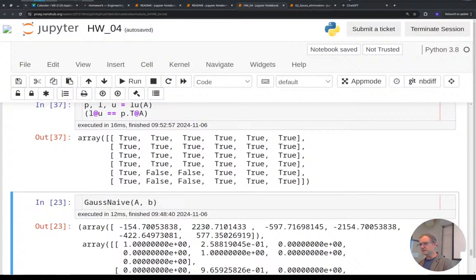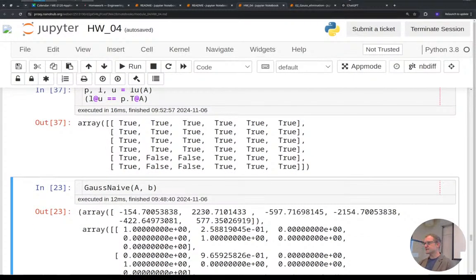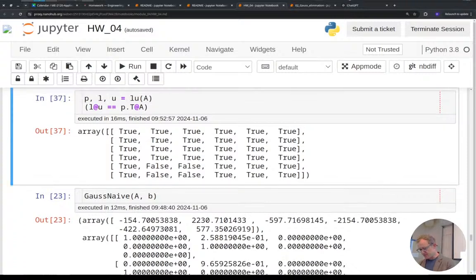Yeah, equal, because if it's just off by like 1 bit, then technically it's not the same, but is close is a good way if you're looking for something.